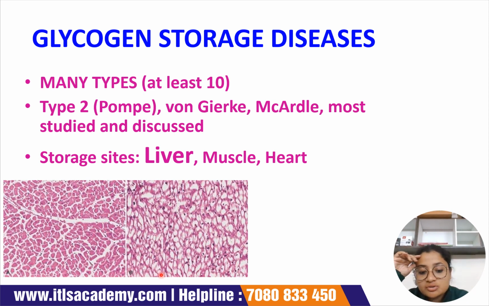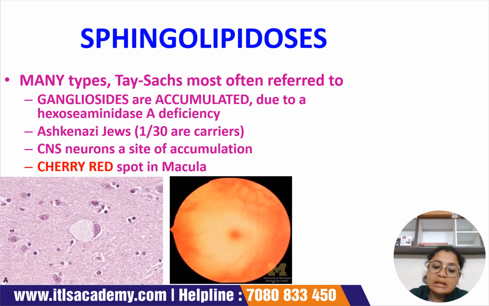Hematoxylin will give you the blue color and eosin will give you the pink color. As you can see over here, small blue granules appear. Those are the glycogen storage deposits, and this pink color is nothing but the cells of the organ, which can be liver or heart.